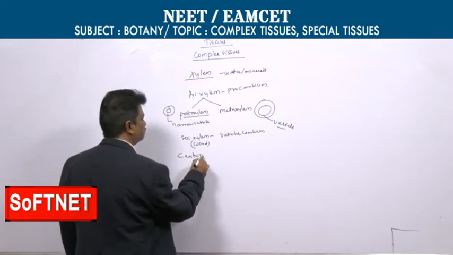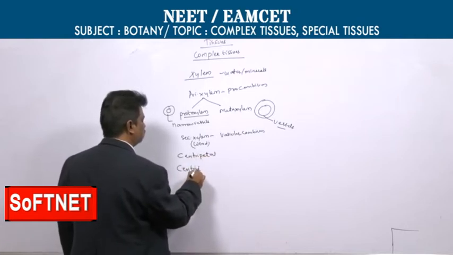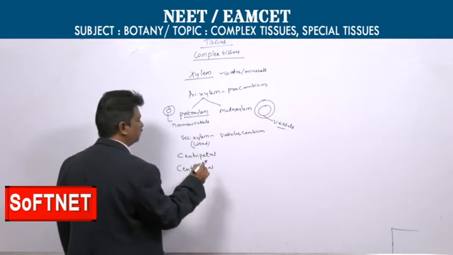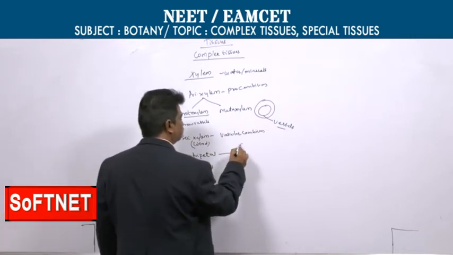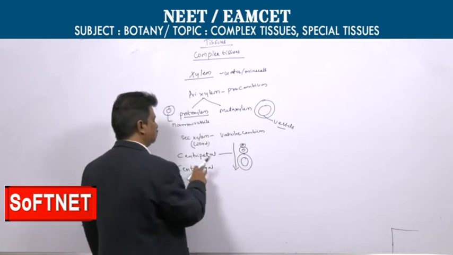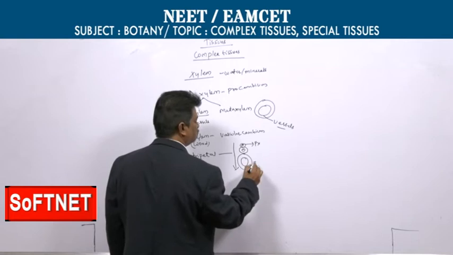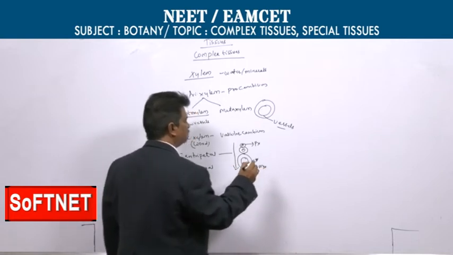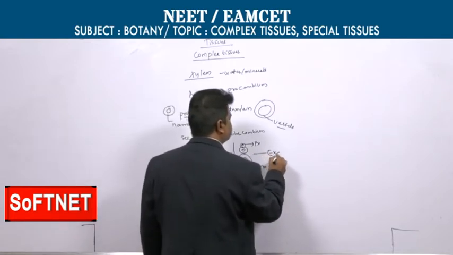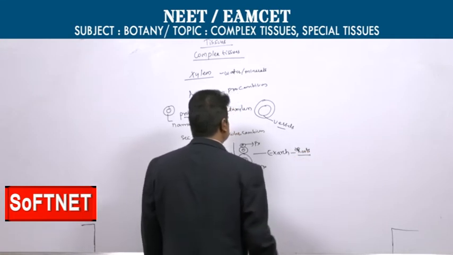One is centripetal and the second one is centrifugal. Centripetal means xylem differentiation is from periphery to center. So in centripetal, protoxylem is towards the outside and metaxylem towards the inside. Such a condition is called exarch, and exarch is a characteristic feature of roots.